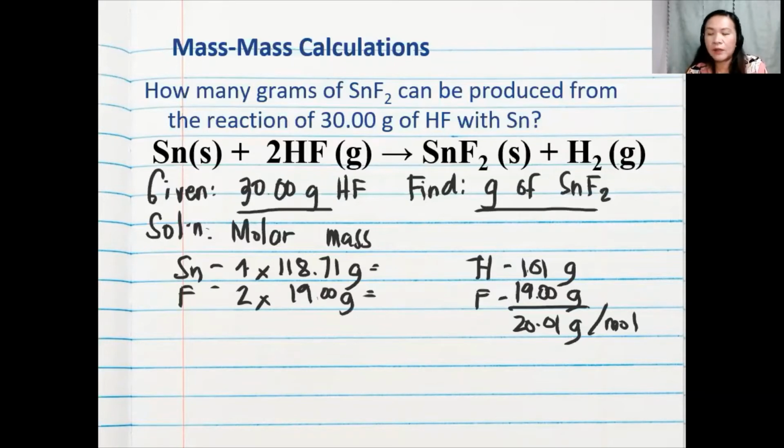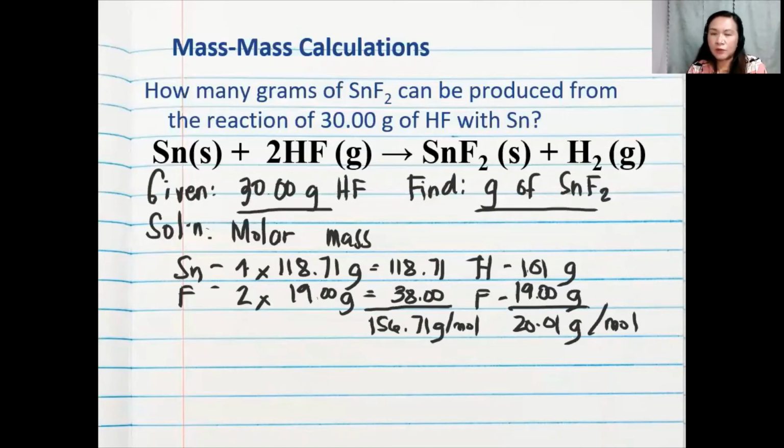Okay, then we add it together. So that's 118.71 plus 38 grams. So for SnF2, the molar mass will be 156.71 grams per mole. Okay, so take note of their different molar masses.